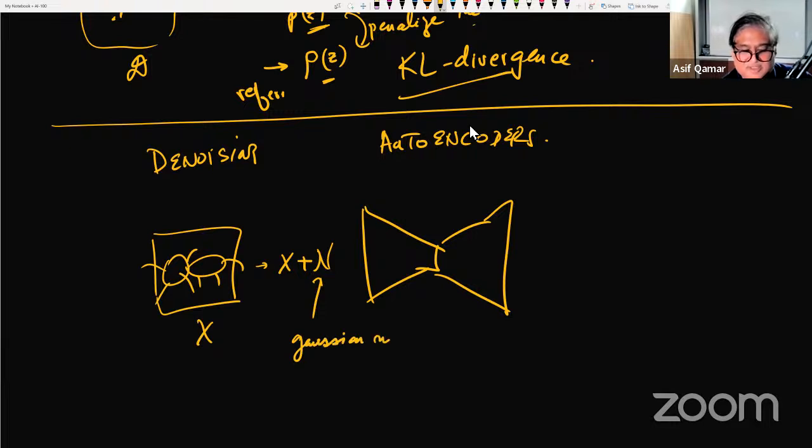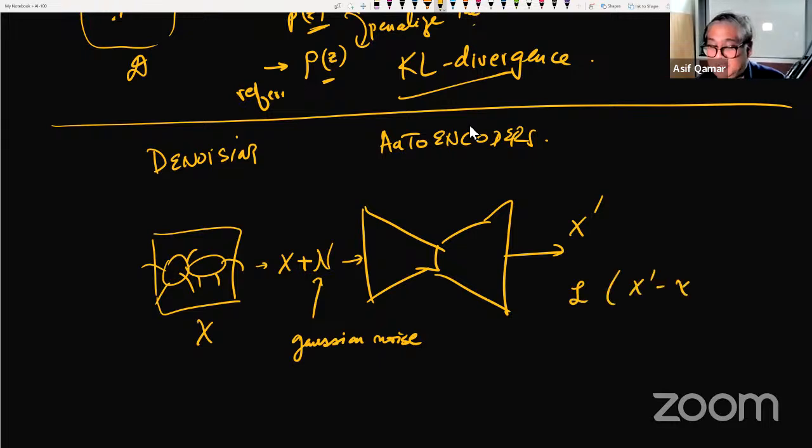Let's say Gaussian noise. You inject a little bit of noise into it. So now the picture looks blurry, right? You send it in, but for the X prime that comes out, you write your loss function so that you still penalize it for not being able to reconstruct the original picture.